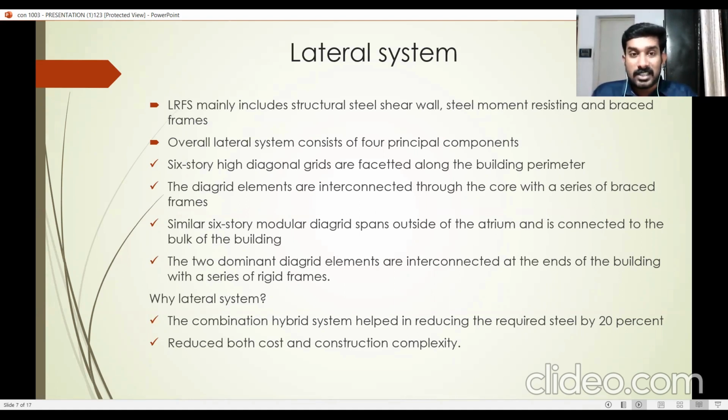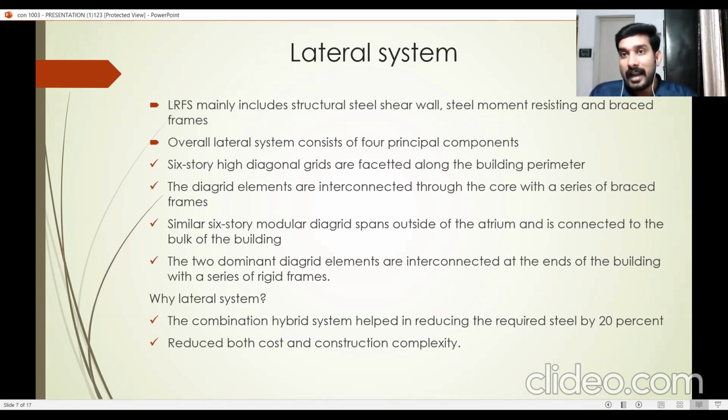They are the 6-story high diagonal grids faceted along the building perimeter. The diagrid elements are interconnected through the core with a series of braced frames. A similar 6-story modular diagrid spans outside the atrium and is connected to the bulk of the building. The two dominant diagrid elements are interconnected at the ends of the building with a series of rigid frames.